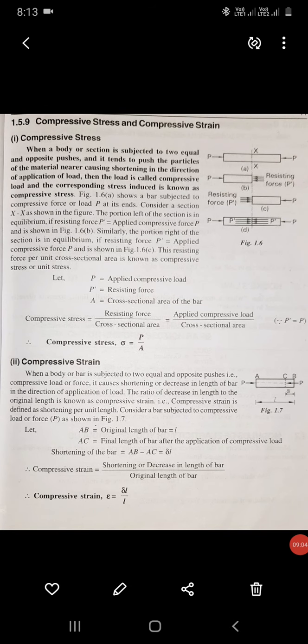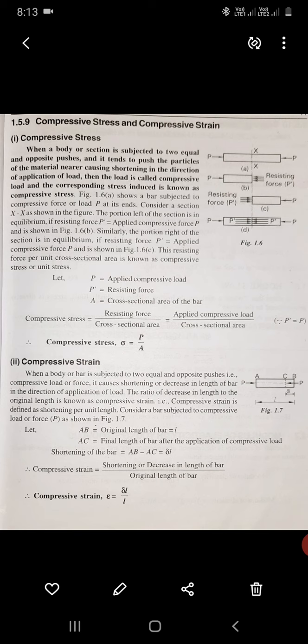Now compressive stress. When a body or section is subject to two equal opposite pushes, earlier it was pull, now it is pushes, it tends to push the particles of the material nearer, causing shortening in the direction. Then the load is called compressive load, and the corresponding stress is known as compressive stress.